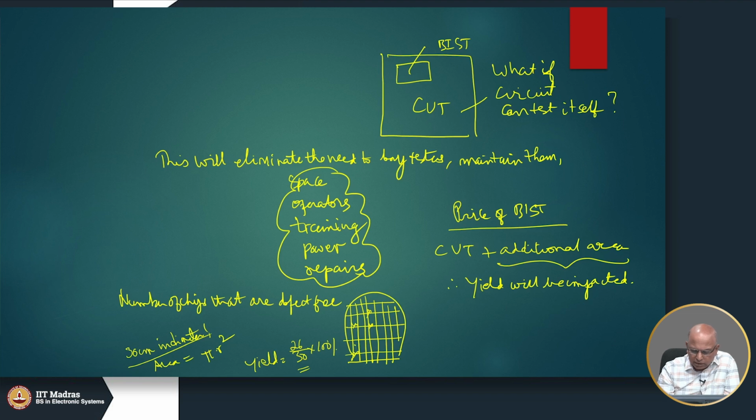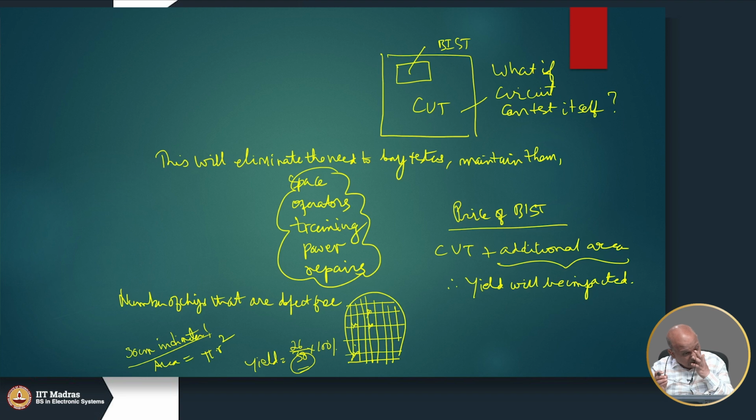So, you can calculate the area of a wafer, and the dies are getting smaller and smaller, so this number actually is much larger. I have just shown a very trivial example.